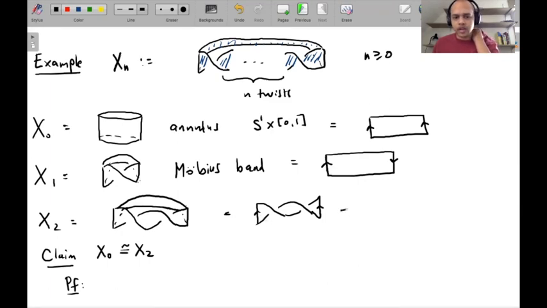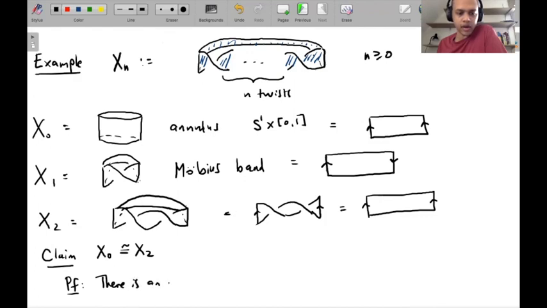But notice that this shape is the same as this one. I'm just saying that there's an obvious bijection. So the proof: there is an obvious bijection between these two.